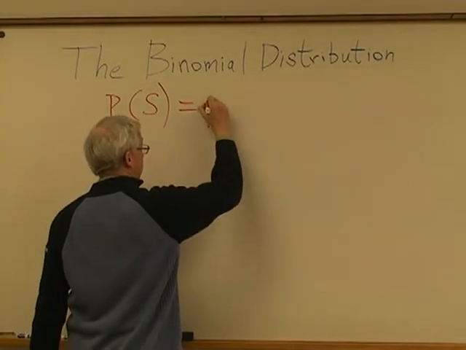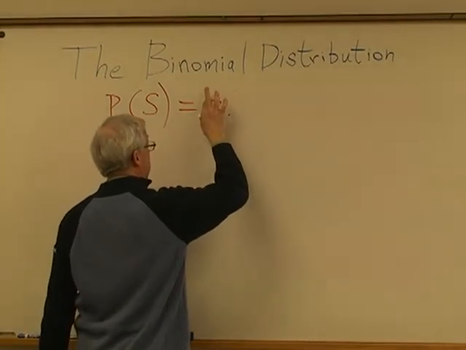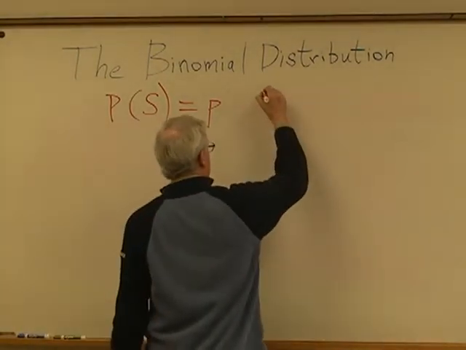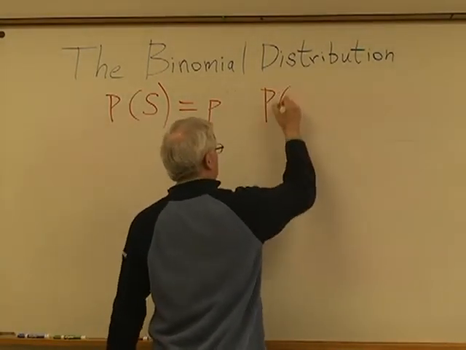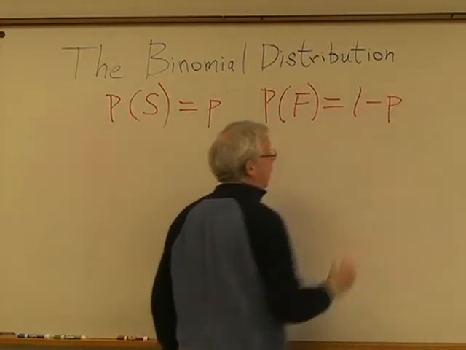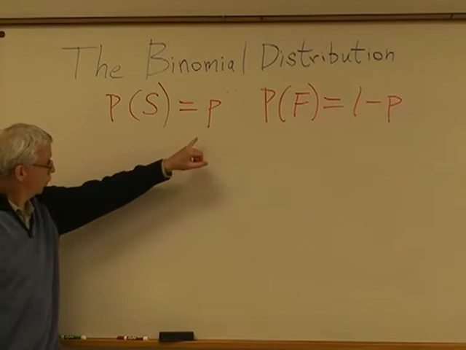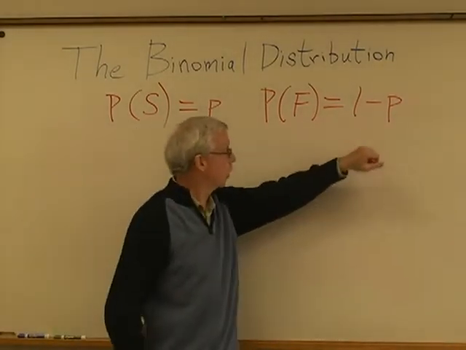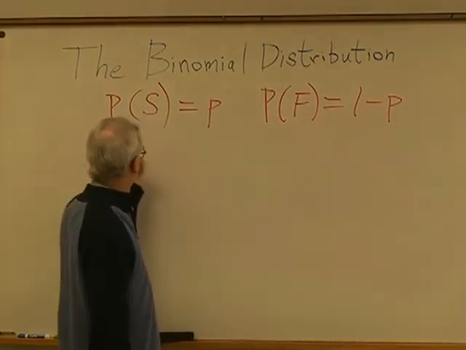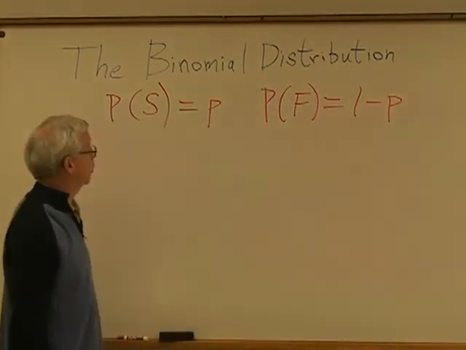And I'm going to say the probability of success is just some number p. Remember, it's a probability, so it's between 0 and 1. If that's my probability of succeeding, then my probability of failing must be 1 minus p, because I either succeed or fail. So if this is 0.6, that's got to be 0.4. If this is 0.9, that's got to be 0.1, because the total probability adds up to 1.